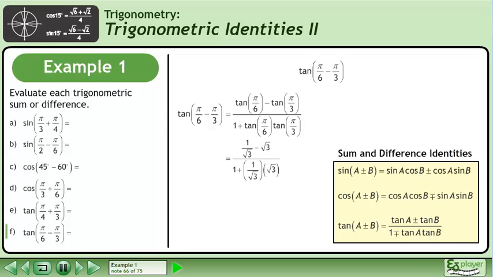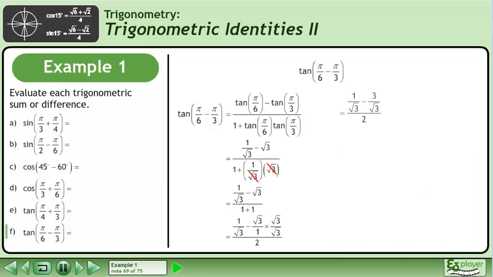Find the exact values of each trigonometric ratio. In the denominator, cancel the root 3's. In the numerator, get a common denominator of root 3. Simplify.